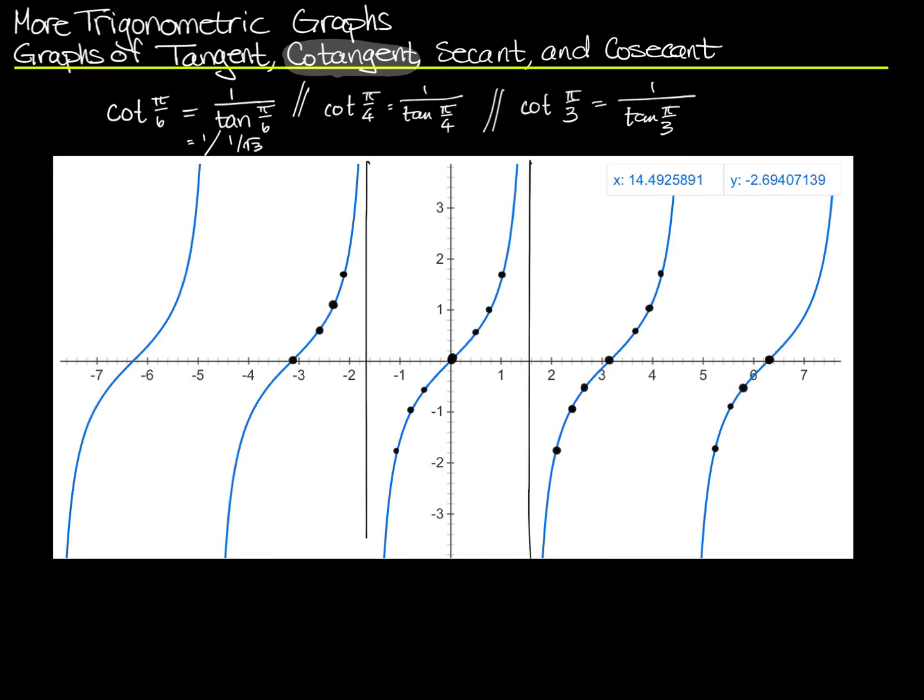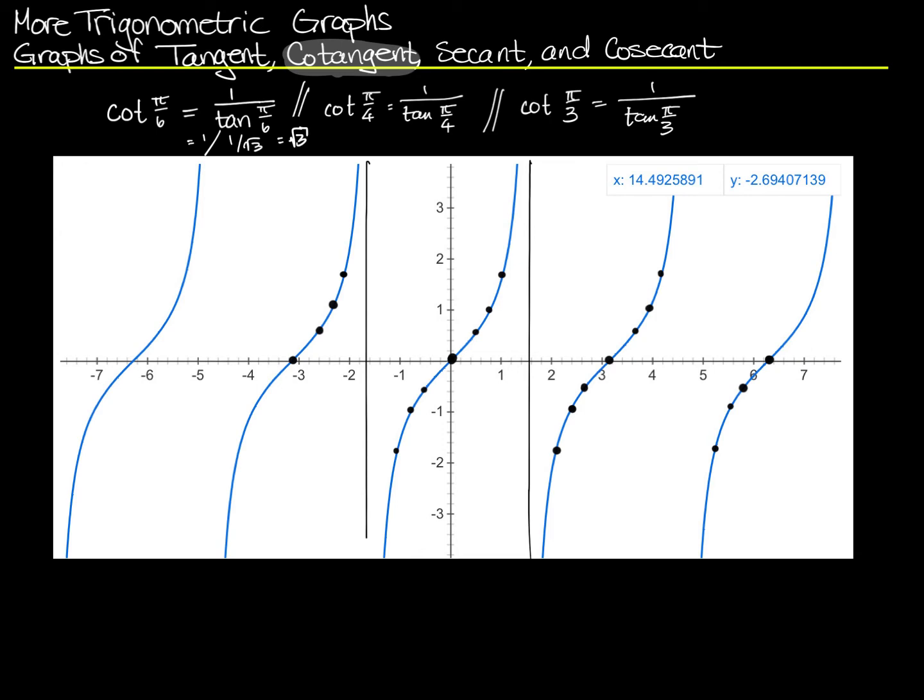That means that the cotangent of pi over 6 is 1 over the square root of 3, and that's just the square root of 3. And I found that value earlier too. The square root of 3 is about 1.73. So when I'm at pi over 6, which is roughly here, let me put a tick mark in there so we can see it. Pi over 6 is close to a half.